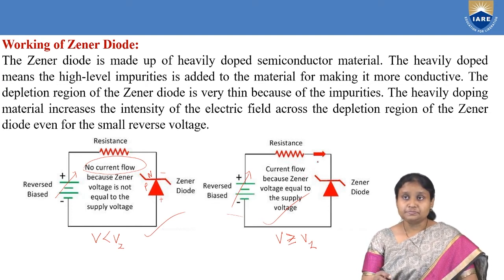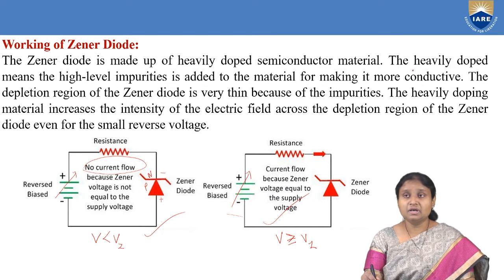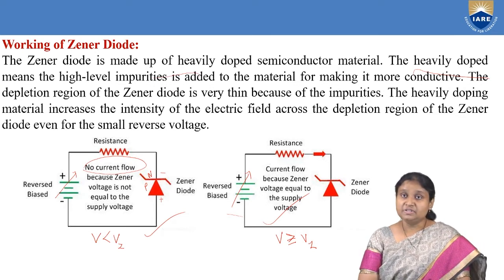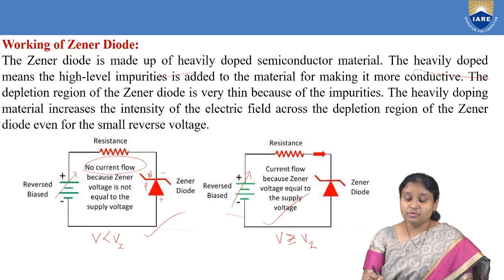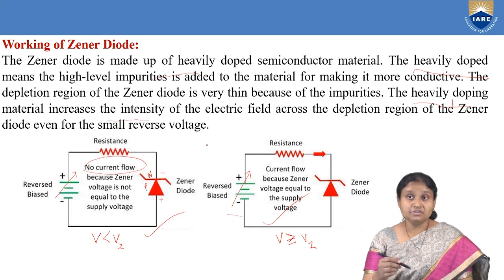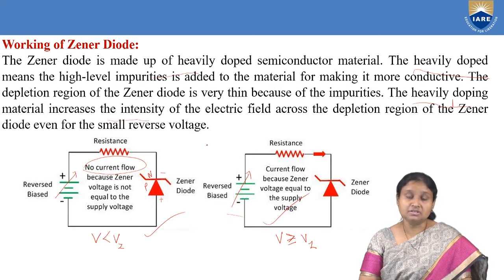Here, the main purpose of heavy doping is to increase the level of impurities, which makes our diode conductive, and the depletion layer is thin. One more thing to understand is that because of the heavily doped material, the intensity of the electric field across the depletion region increases even at very small reverse bias voltage.